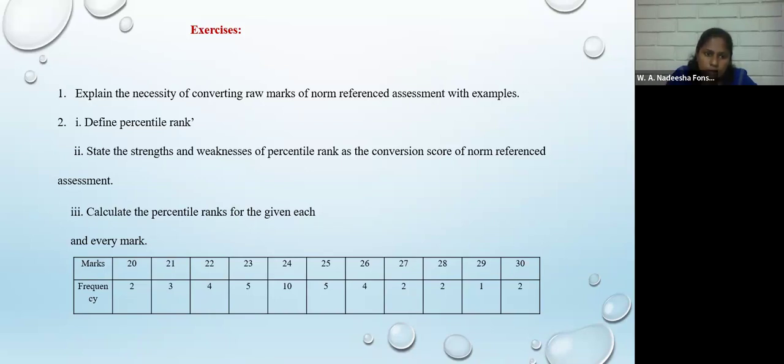Therefore, in order to find the real performance of the students, we have to convert those raw marks into standard scores to get a fair decision.